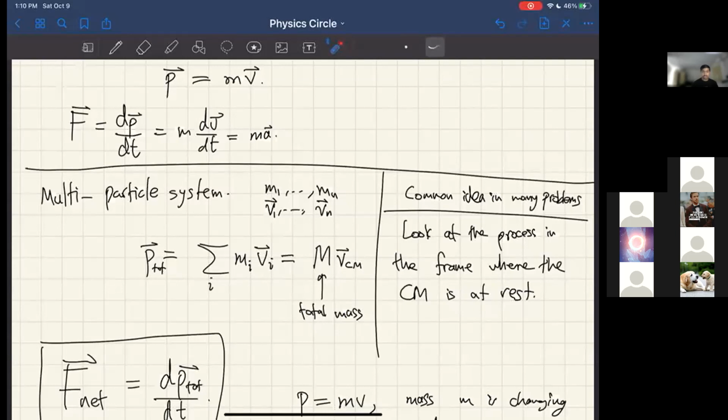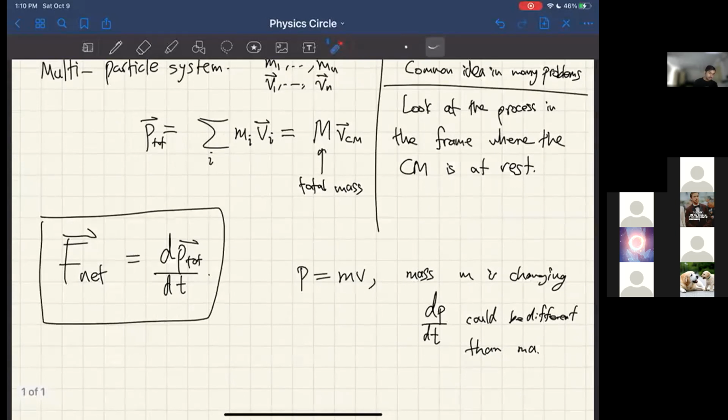If the mass changes, then what will be the general strategy to tackle the question? That's somebody's question as well. We'll see an example of this later on. We'll get to a problem which has this idea, but in general, from here you can see that dp/dt is m dv/dt plus v dm/dt.